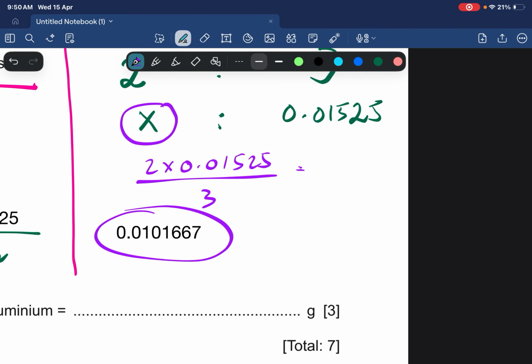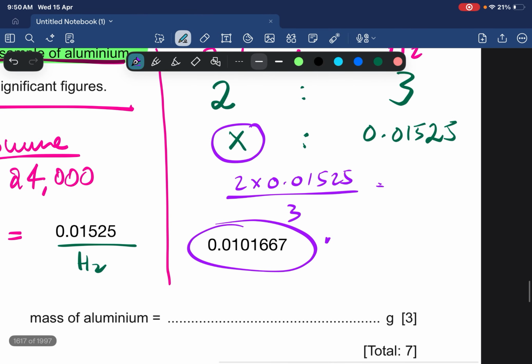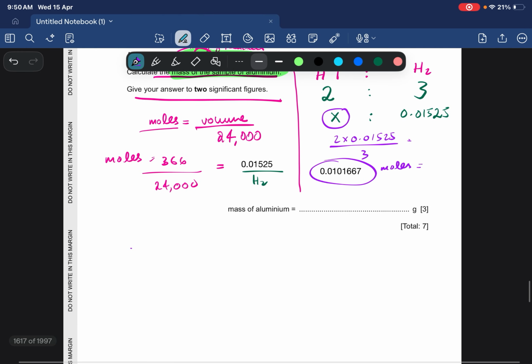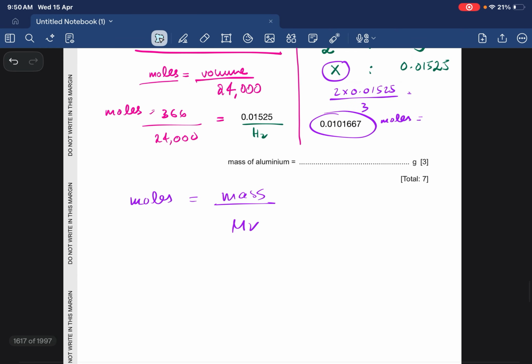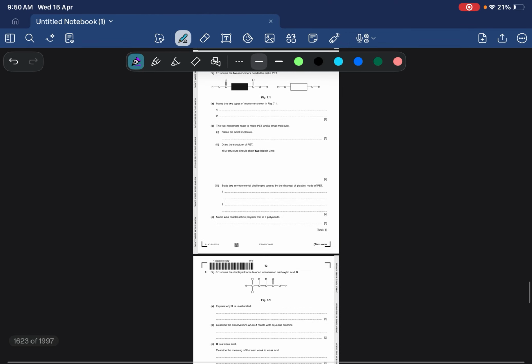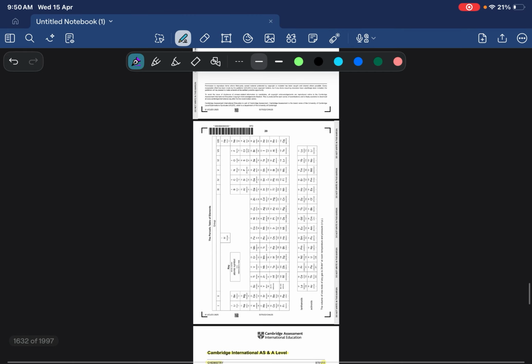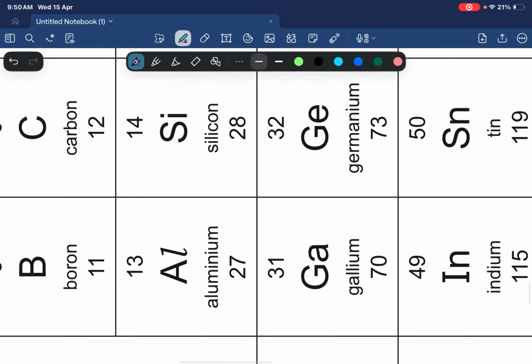Now, what do I have to calculate? The mass of aluminum. If I have the moles of aluminum, how do I calculate the mass? Remember, moles equals mass over Mr. Moles are 0.01016667 multiplied by the Mr of aluminum. So I go to my periodic table. This is my aluminum. What's the Mr?